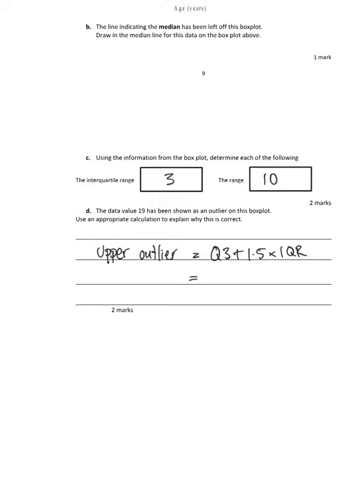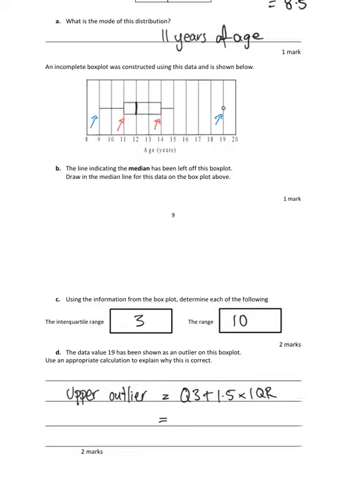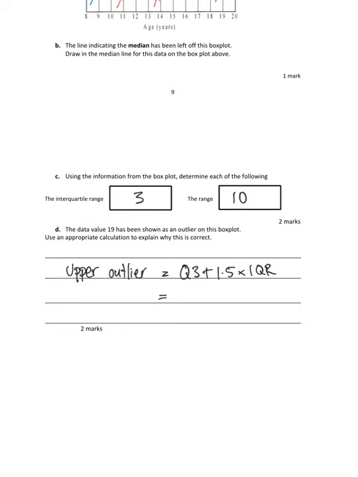We had our Q3 before, was it 14? Yep. So it's going to be 14 plus 1.5 times the IQR, which was 3. Let me quickly make sure: 14 plus 1.5 times 3 equals 18.5.